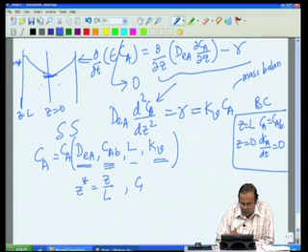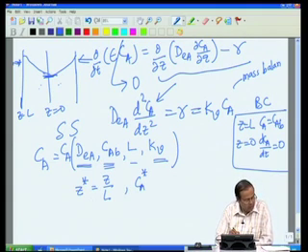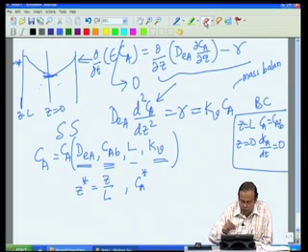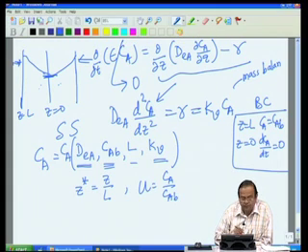And I am going to call my concentration U, that is a standard notation, U as C A by C A B. So, by doing this exercise, I have converted my concentration term into a dimensionless concentration U with U between 0 and 1.